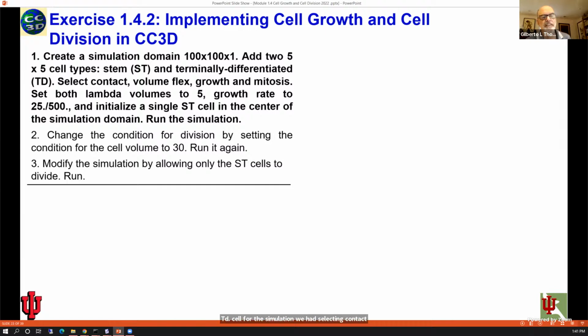We don't need the surface plugin now. We set both lambda volumes to 5 and both growth rates to 25 to 500. But at the beginning, the initial state is only a single stem cell in the center of the domain. Try that, please.